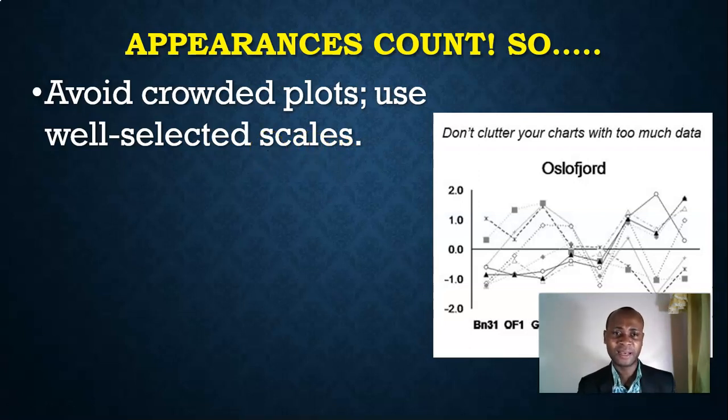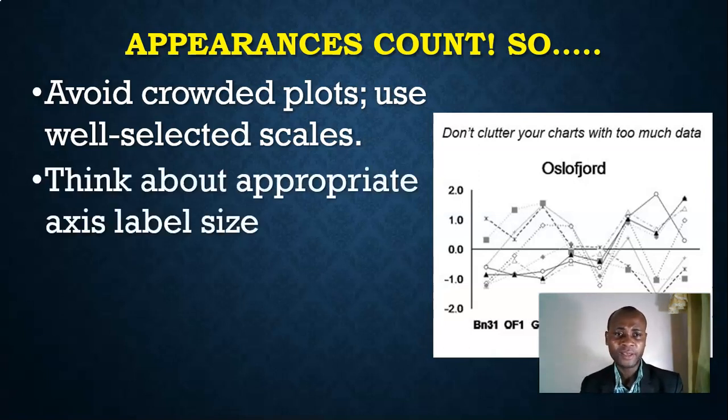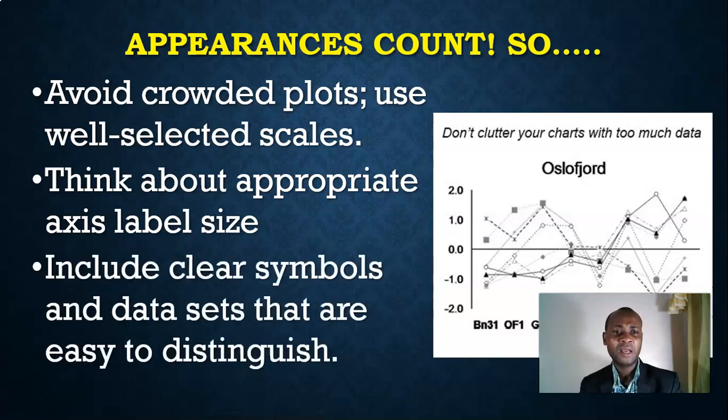Use well-selected data, selected scales. So think about appropriate axis label size, and then include clear symbols and data sets that are easy to distinguish. So as you can see here in this figure, you see the plot is very crowded.